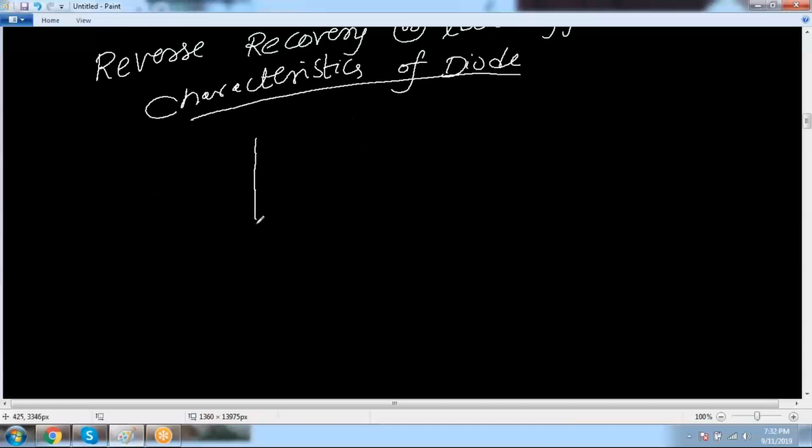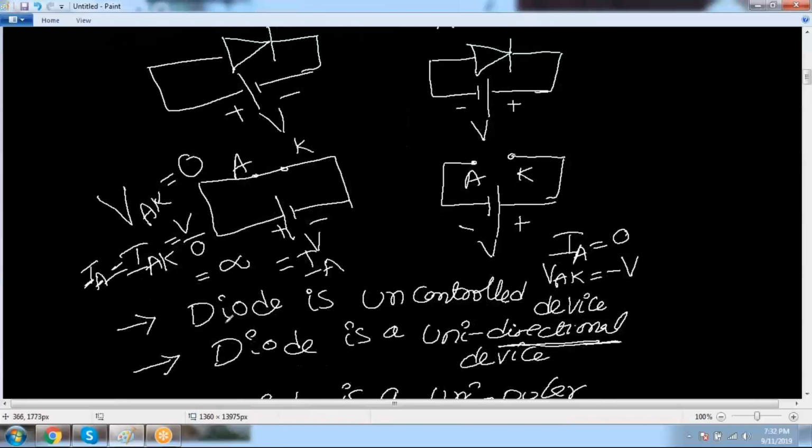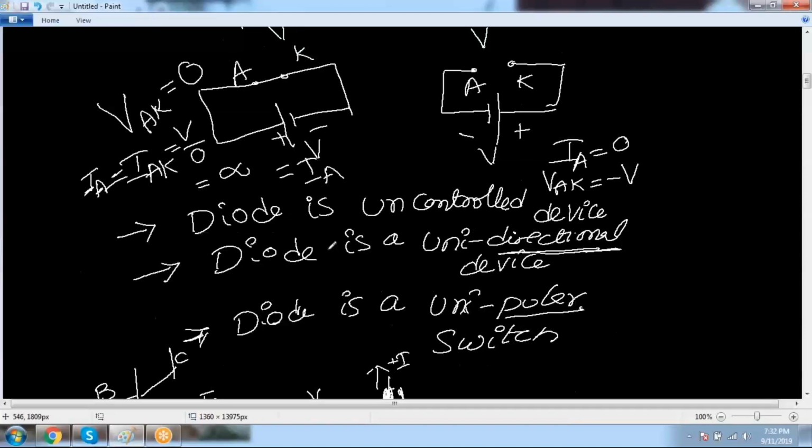Whenever the diode is on, how much current is it carrying? Already I have explained here. Infinite? No. If an infinite amount of current flows, the diode gets damaged. So how much current does it have to carry? Only IA, a finite value of current.